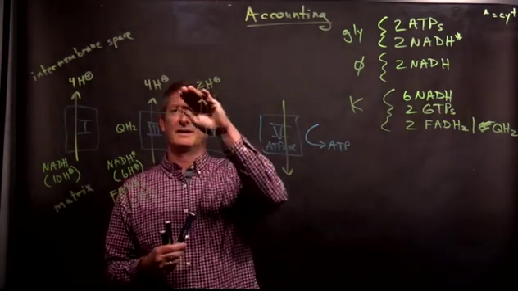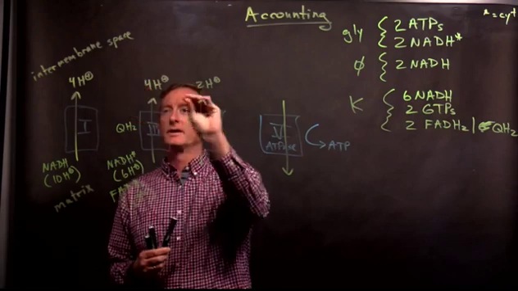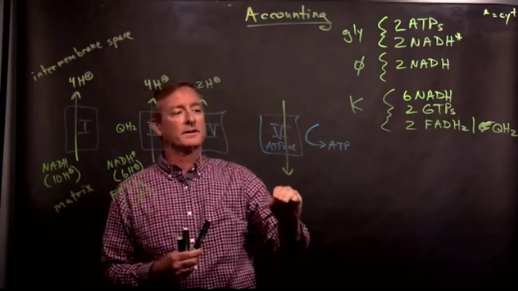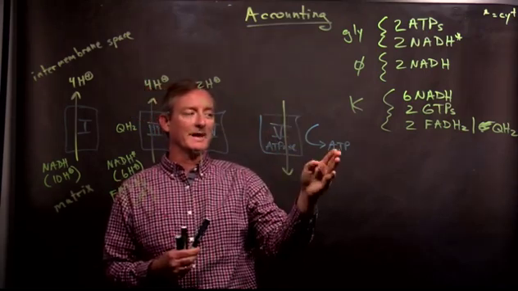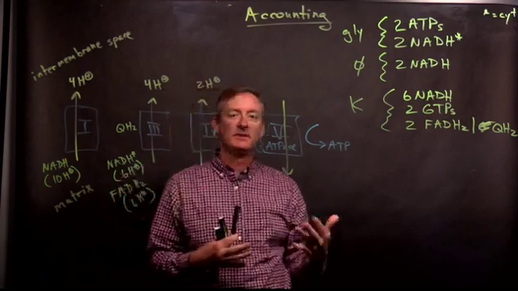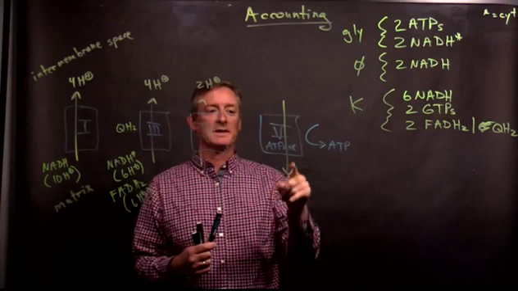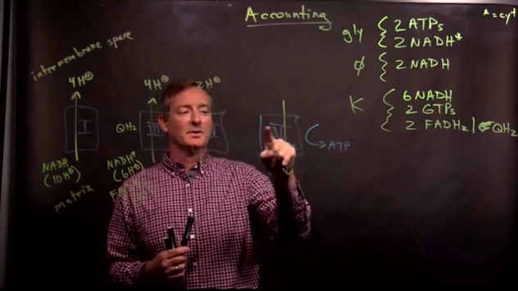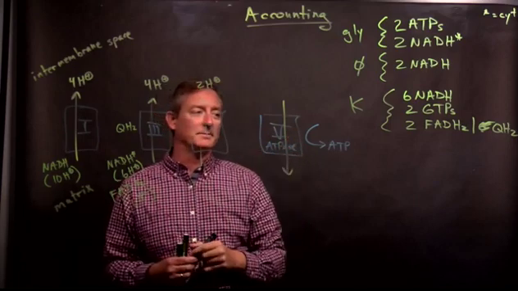And so what is the accounting here? How many protons do we need to pump across the ATPase in order to make an ATP? Well, it differs between different species. It really differs depending on how many C subunits make up a rotor of this ATPase.